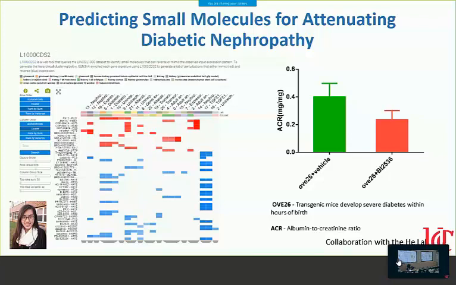And this is showing the treatment with this PLK inhibitor, which came out as one of the top compounds that were not known to have an effect. We also predicted some compounds that were already known to have a positive effect on diabetic nephropathy. And this new compound that is not very well used showed some positive results, and now we're trying to understand the mechanisms of those positive results, and this is actually done in animals.